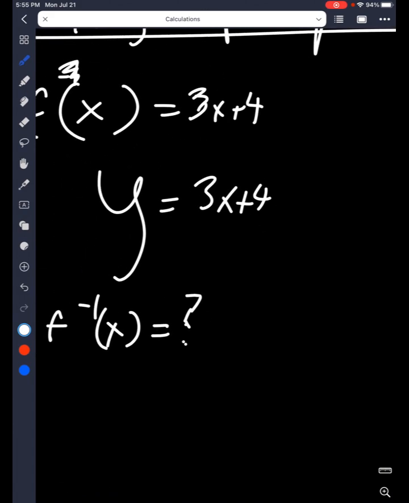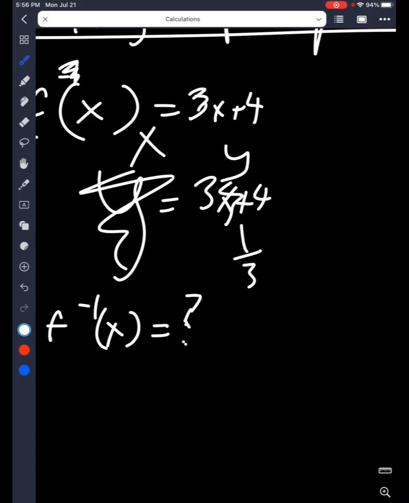If you want, you can just swap the variables, and now you can just solve for y. What I like doing is multiplying by 1/3 on both sides and then subtracting 4/3. So you would just get 1/3 x minus 4/3, and that's your answer.